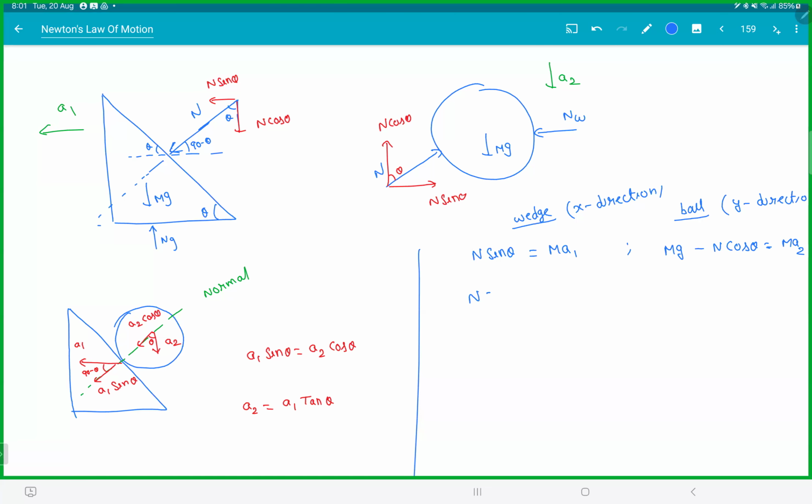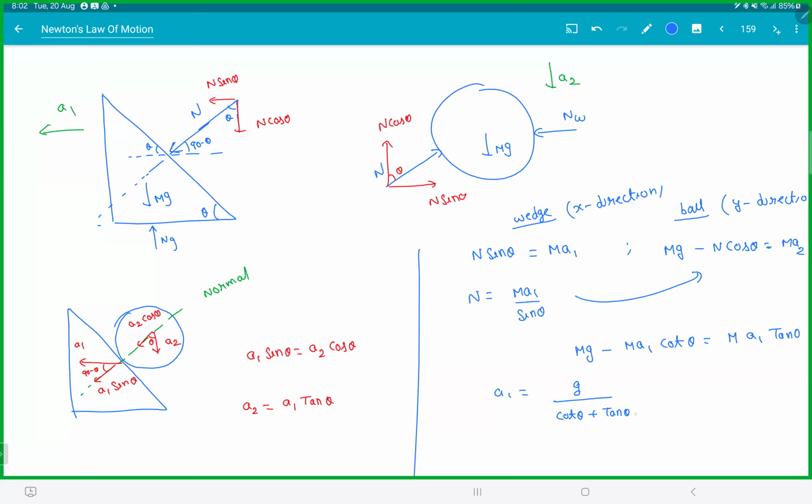So take N from here. ma1 by sin theta. Take this and dump it here. You'll get mg minus ma1 cot theta equals ma2. a2 is again a1 tan theta. Bring all a1s to one side. M will cancel, g by cot theta plus tan theta, which is nothing but cos by sin, sin by cos.